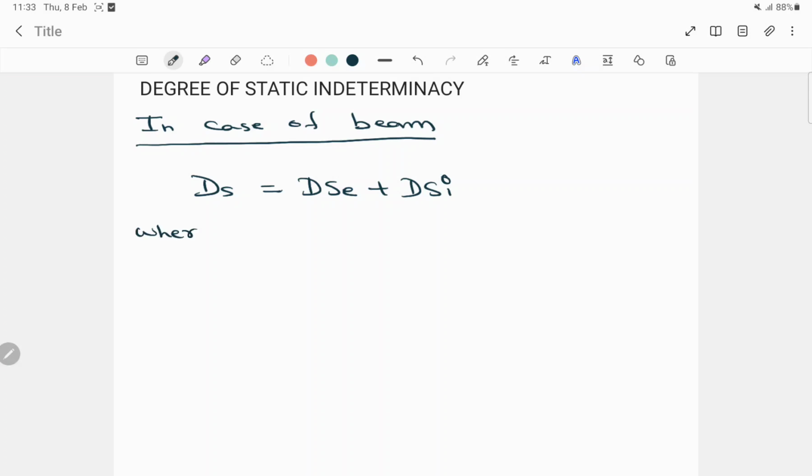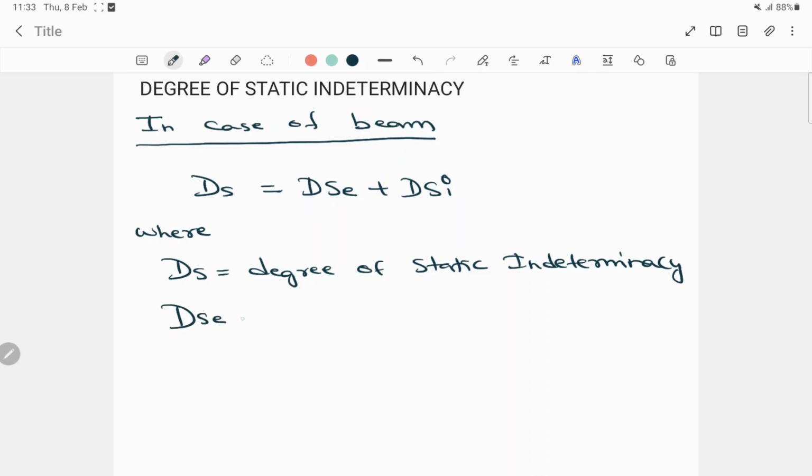Where Ds is equal to degree of static indeterminacy, and Dse is equal to external static indeterminacy, and Dsi is equal to internal static indeterminacy.